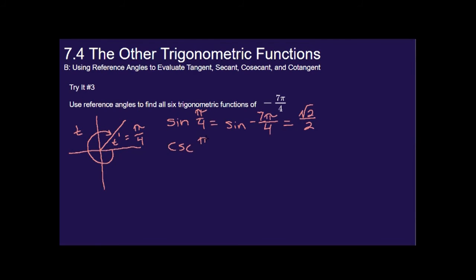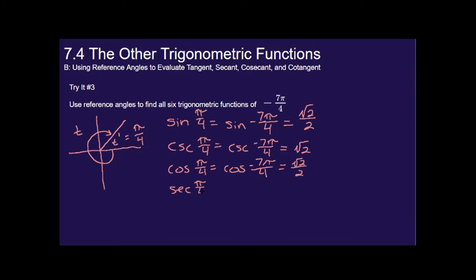Cosecant of pi over 4 is equal to cosecant of negative 7 pi over 4, which is equal to the square root of 2. Cosine of pi over 4 is equal to the cosine of negative 7 pi over 4, which is equal to square root of 2 over 2.